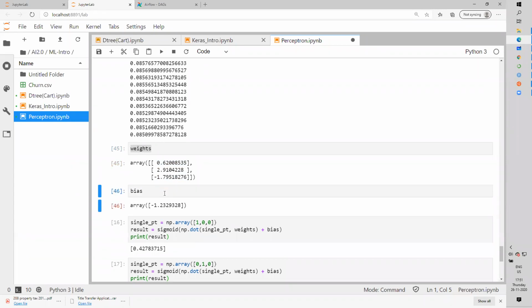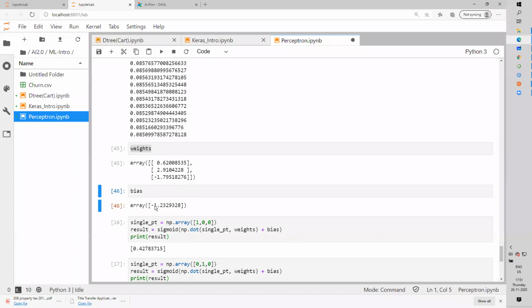The bias value when it was initiated at the first step was 0.55. Now it is roughly around minus 1.23. So these values are the ones which can give us better decisions going forward. And we learned these values by iterating over the data slowly.